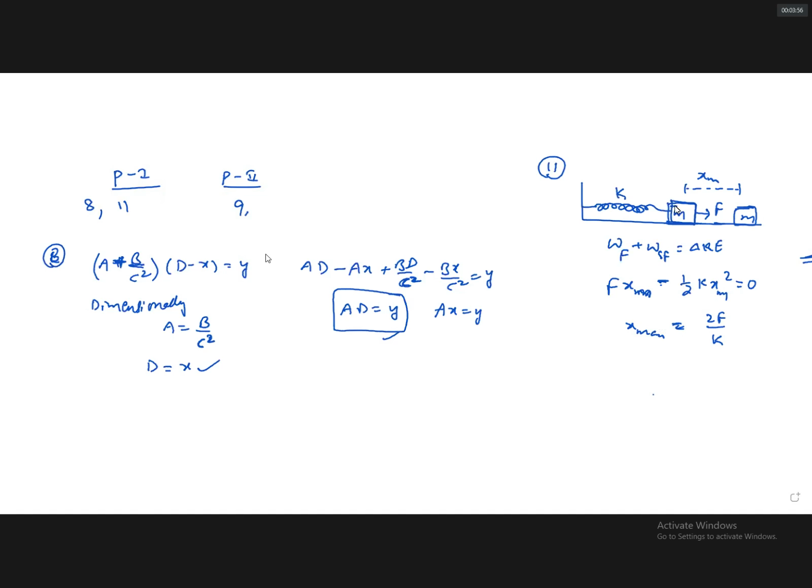Now, for small displacement, here the block has constant force applied. Here, one more thing we need to calculate.